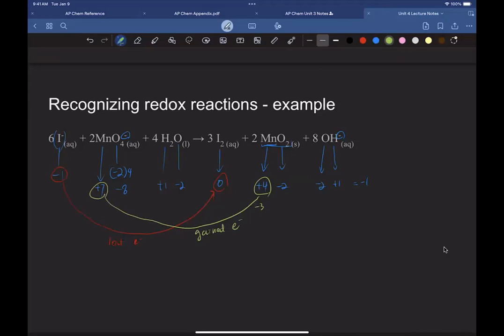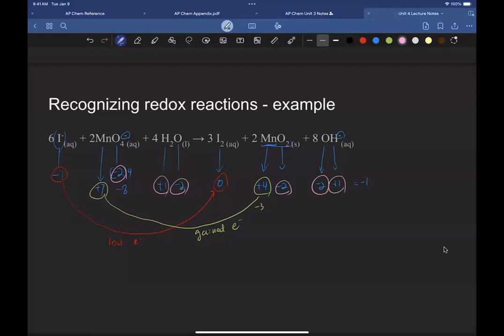All right, let's look at oxygen. On the left side, oxygen is -2. On the right side, it was -2 as well. So they're the same. How about hydrogen? Hydrogen as well.